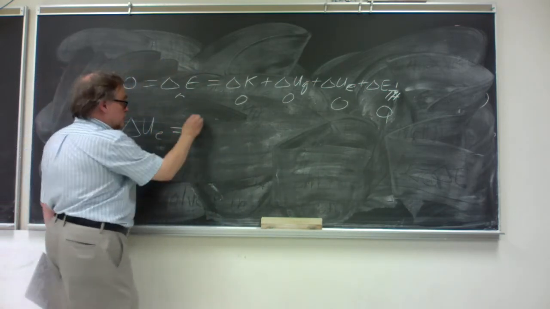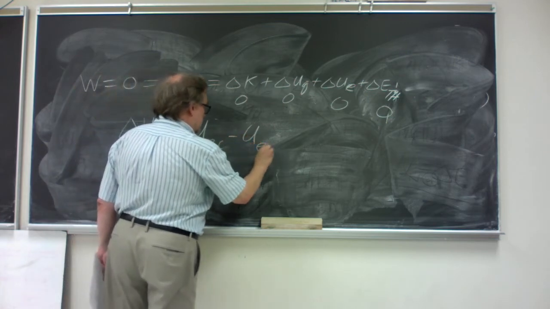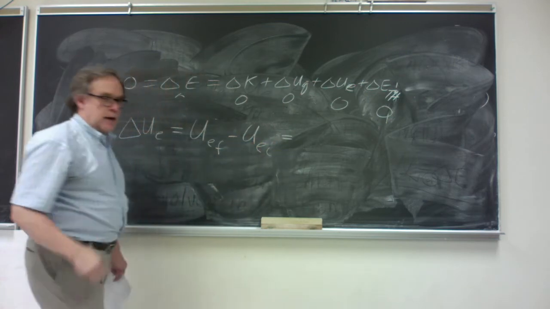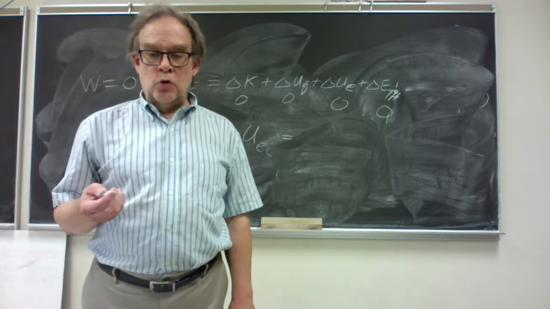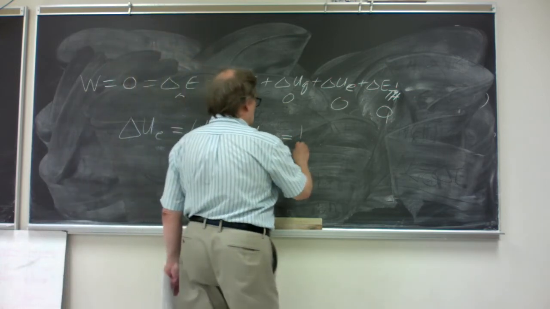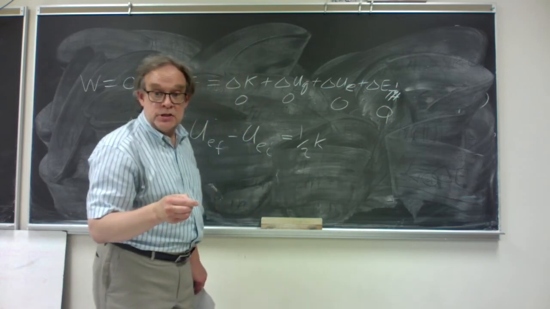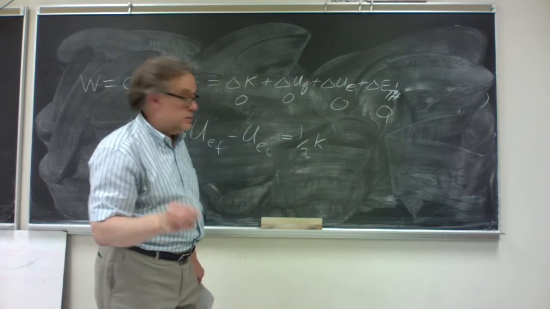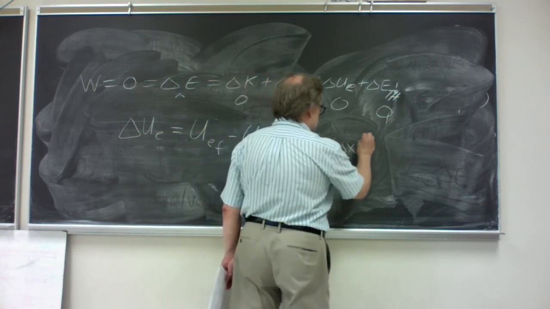The change is always the final value minus the initial value, and our rule for elastic potential energy goes like this: 1/2 K, the same K that appears in the equation for a spring force, times displacement squared.